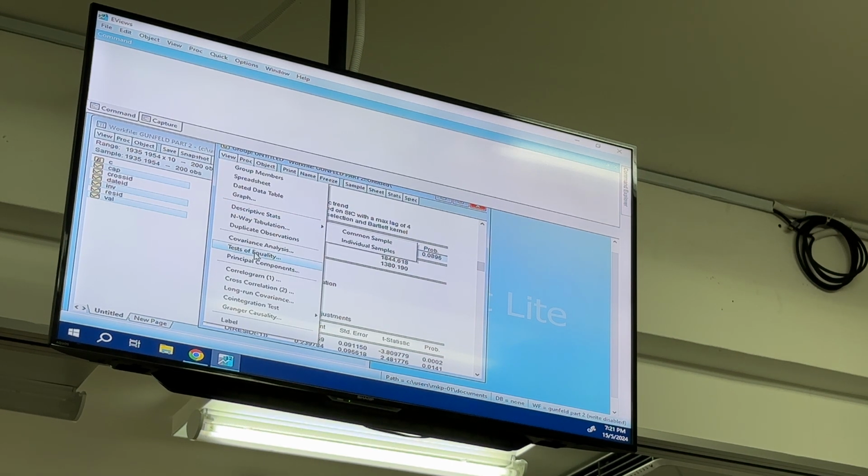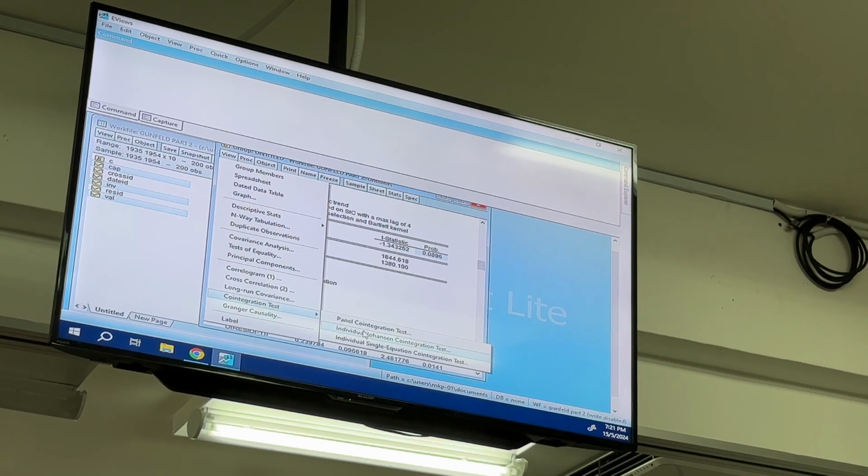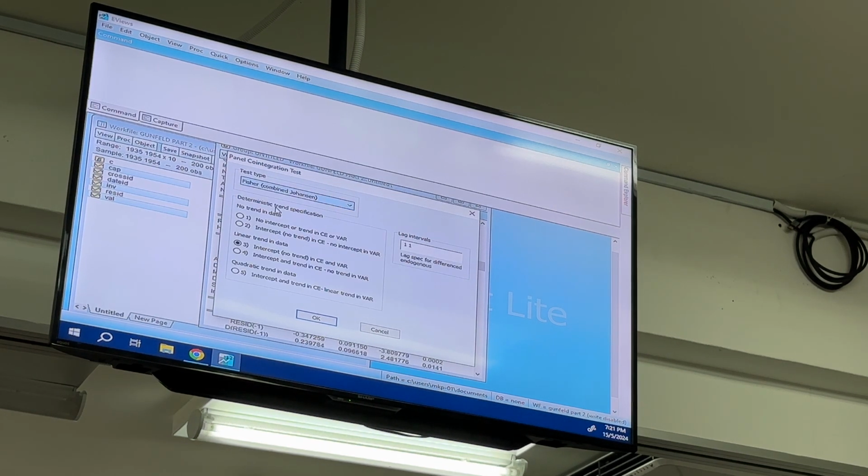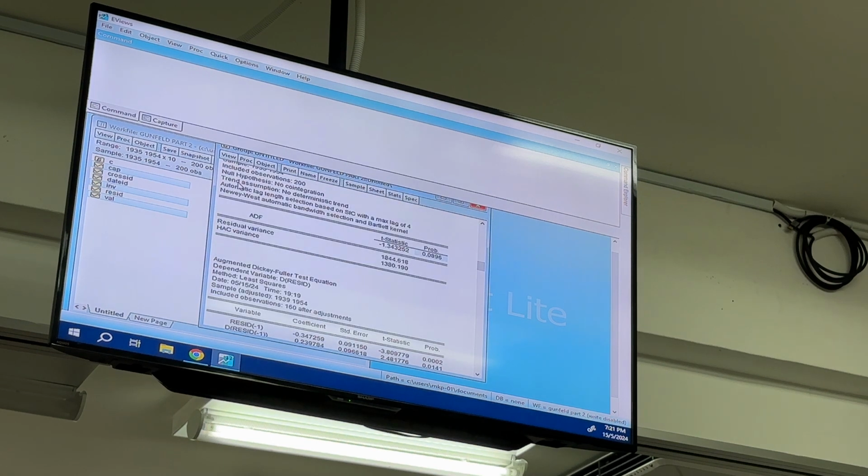Yeah, cointegration and long run covariance. If you click on this number 3, it's a Fisher. These are the things we are going to discuss after the break.